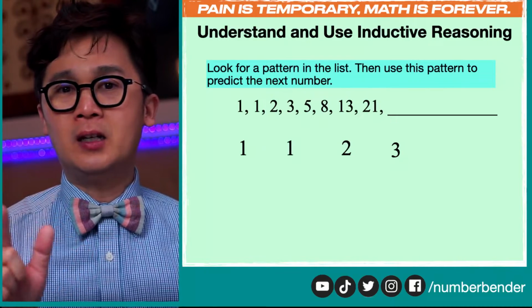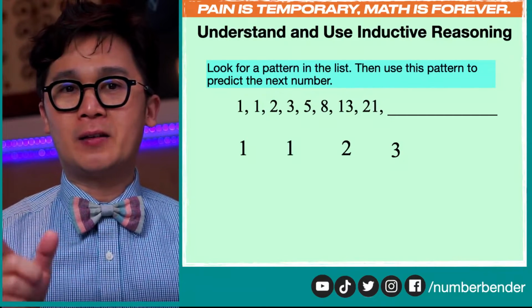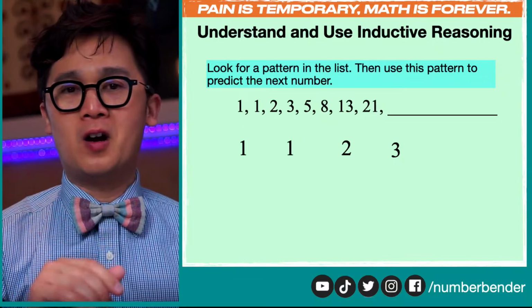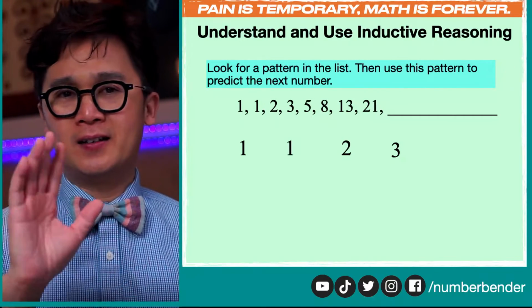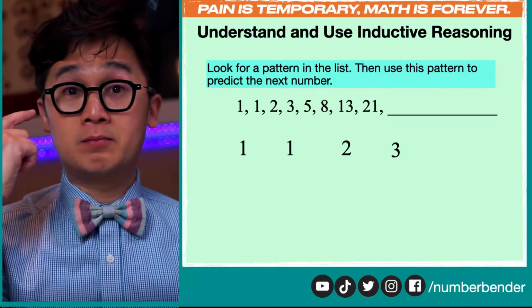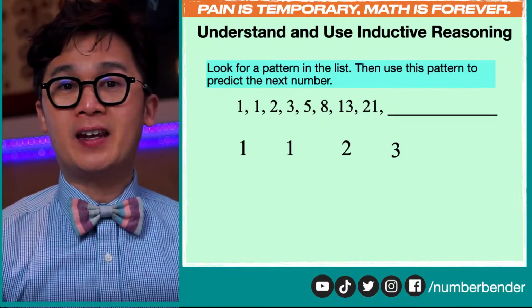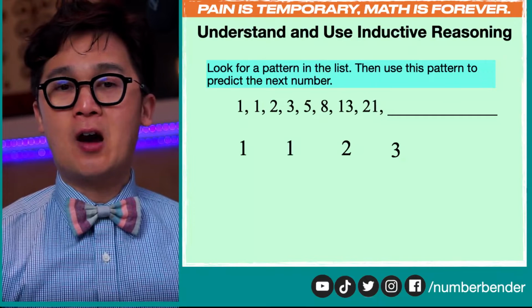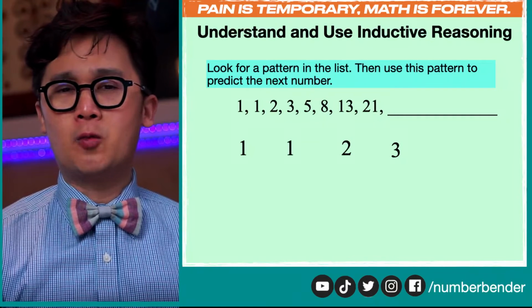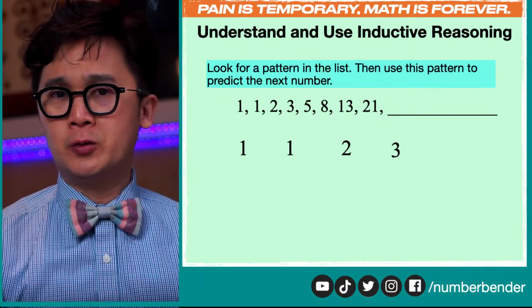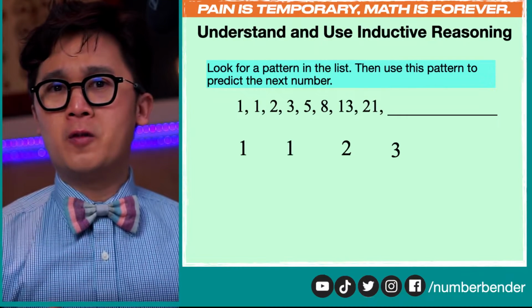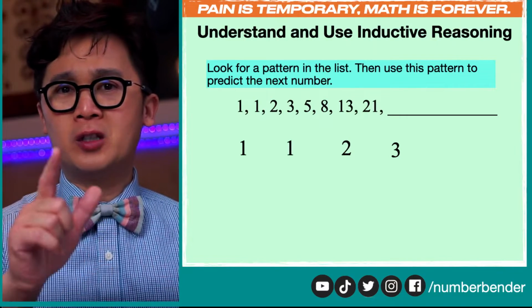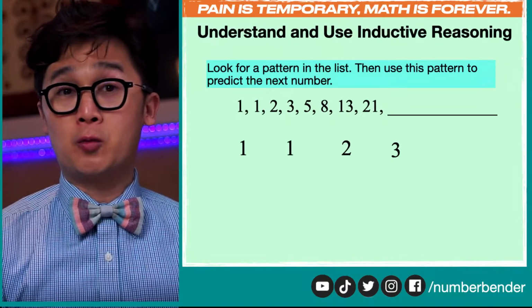Now, it looks a little bit weird, because if we add 1 or multiply by 1 to go from 1 to 1, 2, and 3, something is still not quite right. But if we think harder, we see a pattern: we started from 1 and 1 because 1 plus 1 is equal to 2 and 1 plus 2 is equal to 3. Would that be the case so that I will be able to find the number after 21?